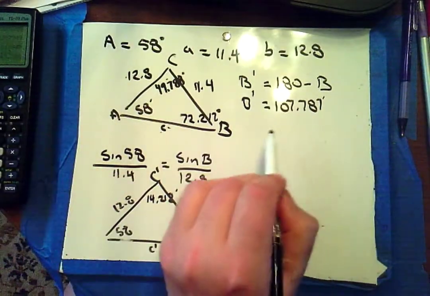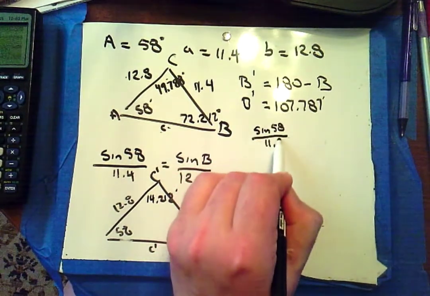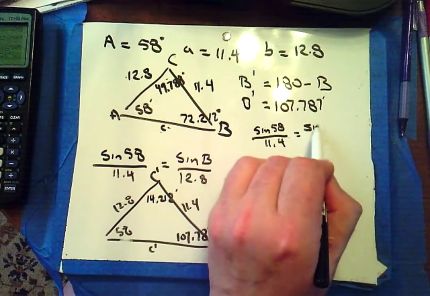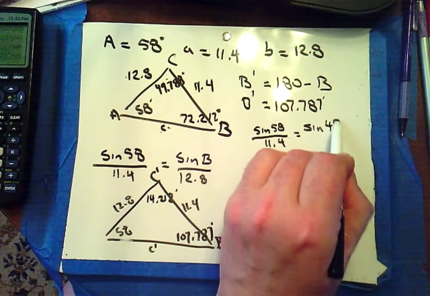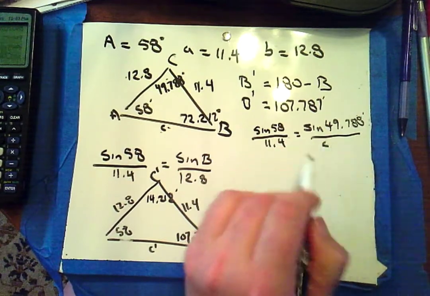So let's set those up. We're going to have sine of 58 over 11.4 equals the sine of 49.788 over little c.